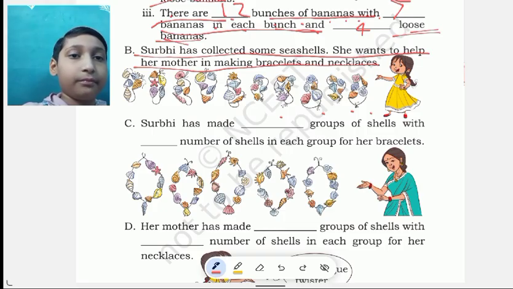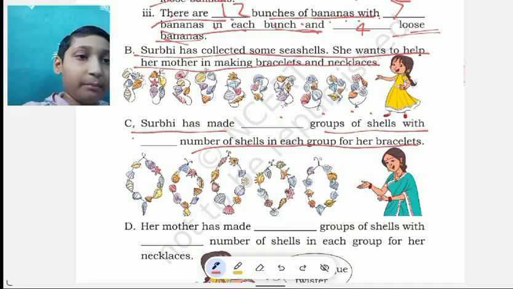So, yeah. Then in this, see, Surbala has made dash groups of seashells with dash shells in each group for her bracelets.